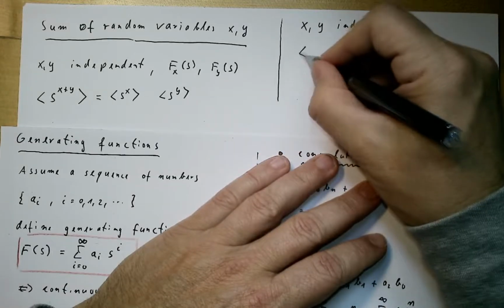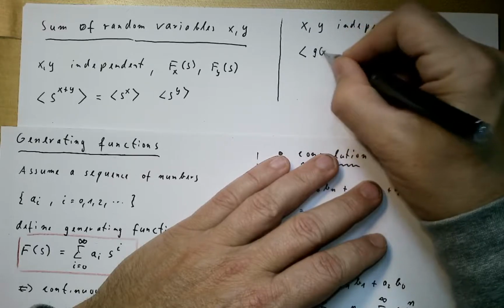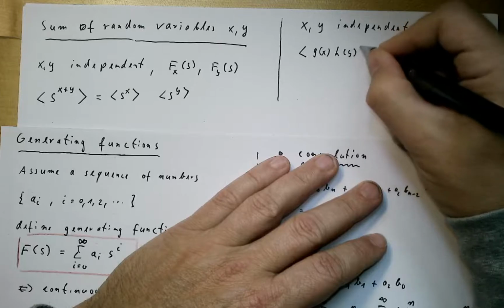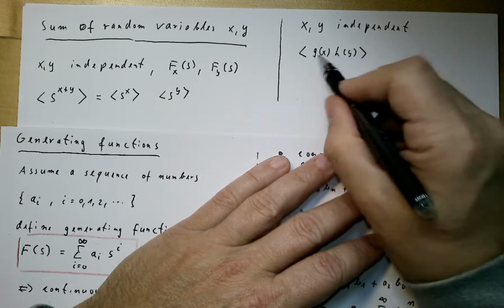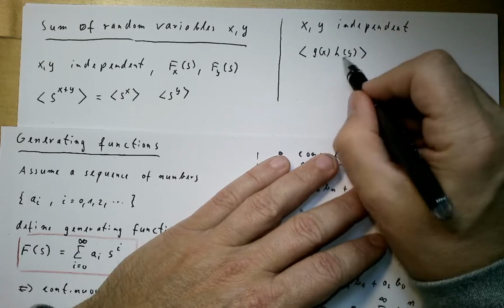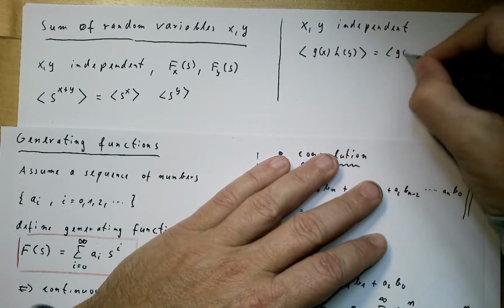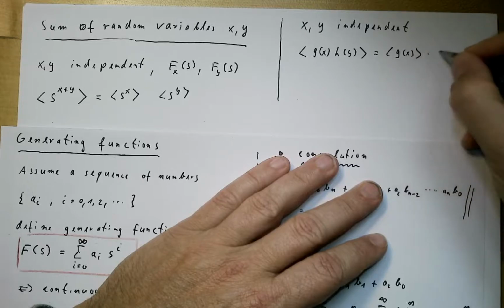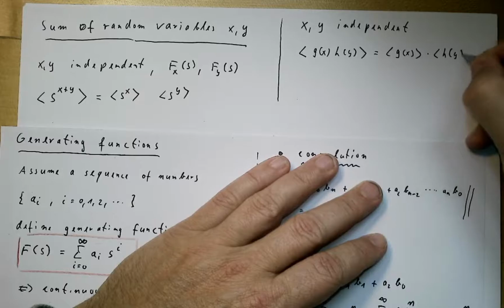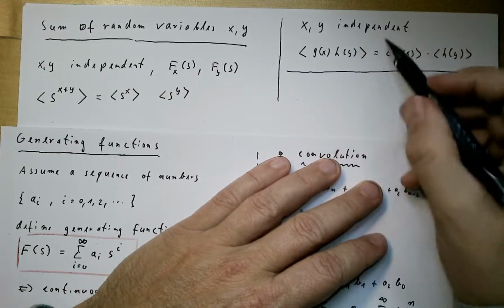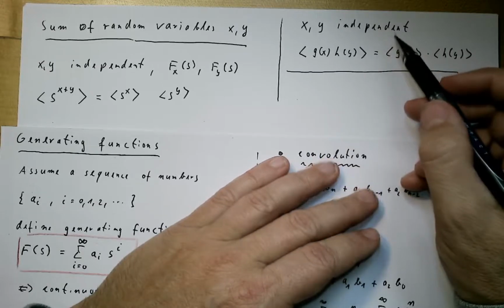Then the expectation value of a product of a function g of X and h of Y can be written as the expectation value of g of X times the expectation value of h of Y. We come to this later when we look at multivariate distributions.